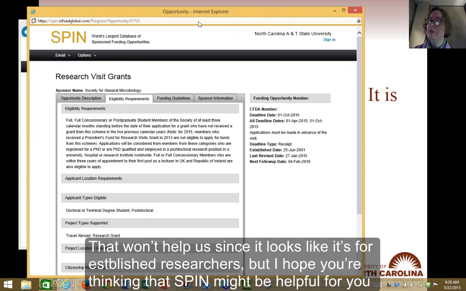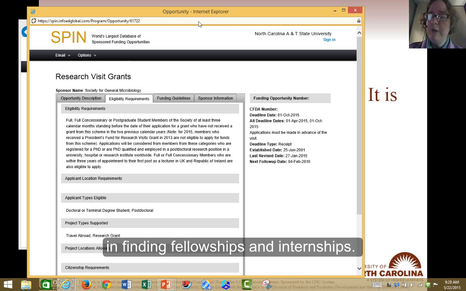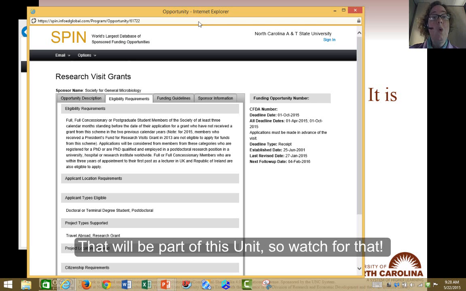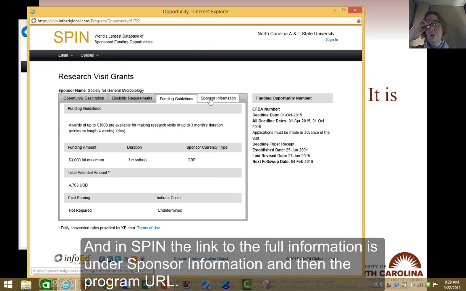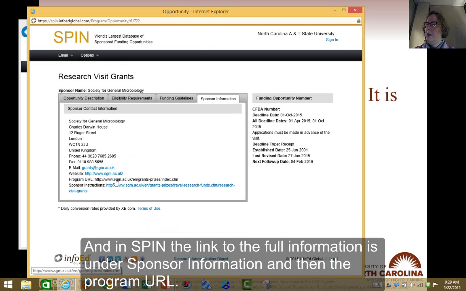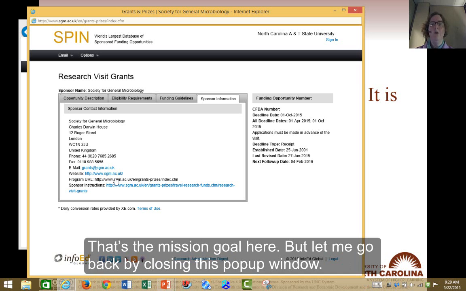It looks like it's for established researchers. But I hope that you're thinking that SPIN might be helpful to you in finding fellowships and internships. That'll be part of this unit, so watch for that later. And in SPIN, the link to full information is under Sponsor Information and then Program URL. That's the mission goal here in this one.